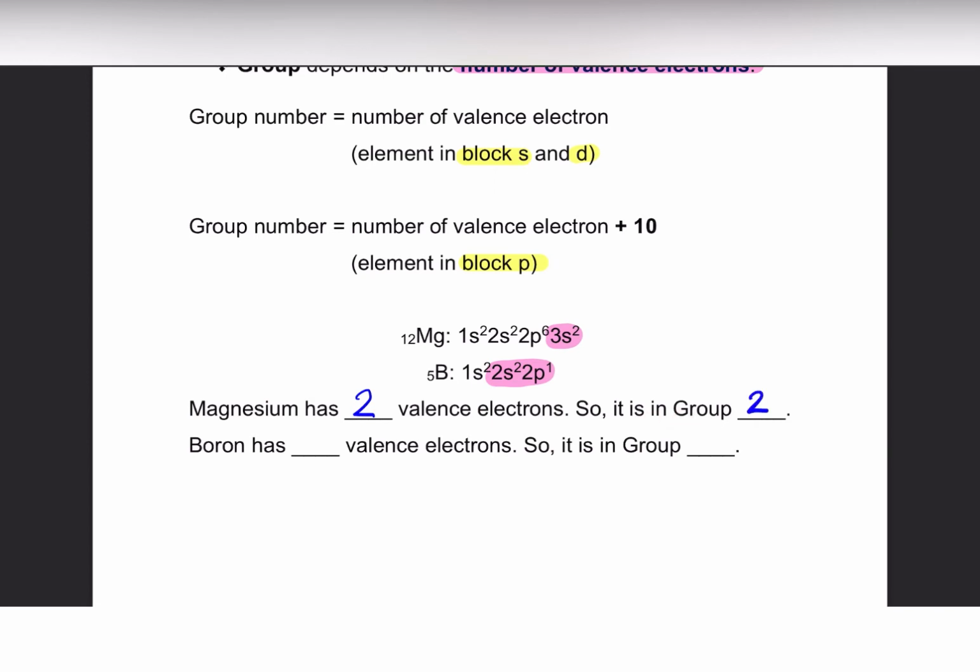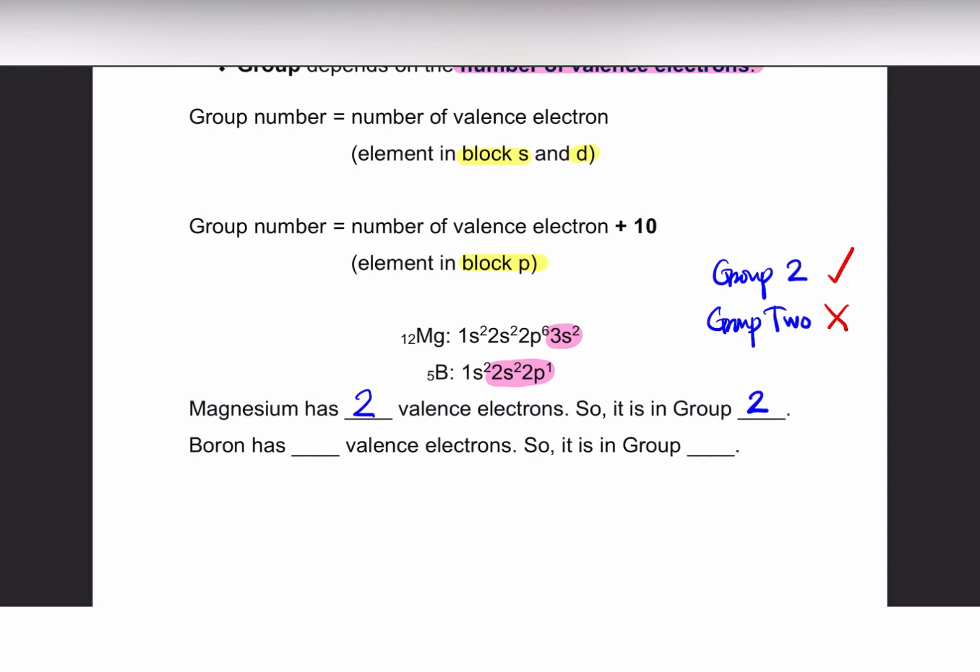Okay, kenapa? Sebab group number adalah sama dengan number of valence electron. Dan ingat, awak kena tulis group 2. Ini yang diterima. Jangan tulis sebagai this form. This form tidak diterima. Okay? So, next one kita ada boron.